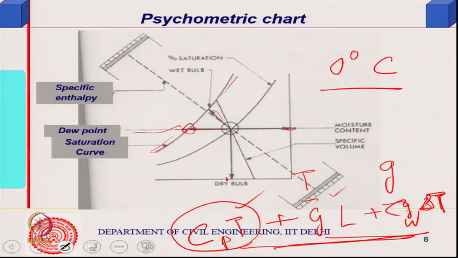Therefore, specific enthalpy value corresponding to a given moisture content and given temperature I can find out. Therefore, I can draw a line. So, this is the specific enthalpy line and this is the wet bulb temperature line. So, that is how it is.